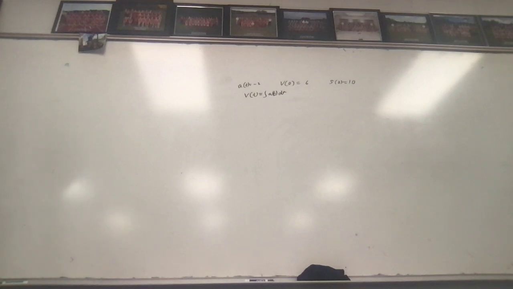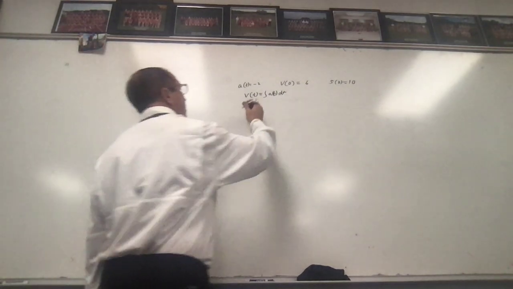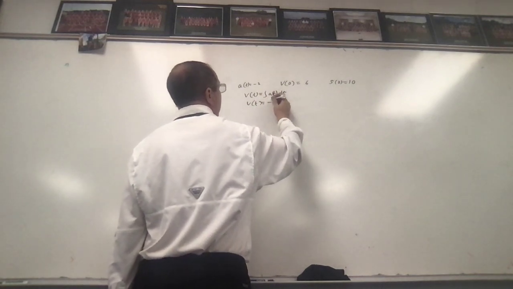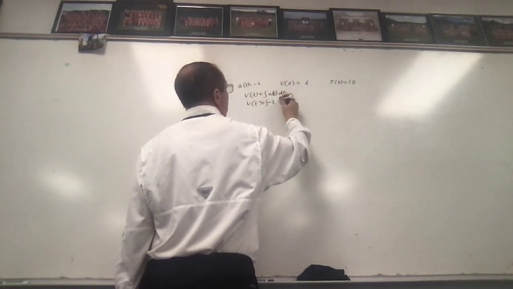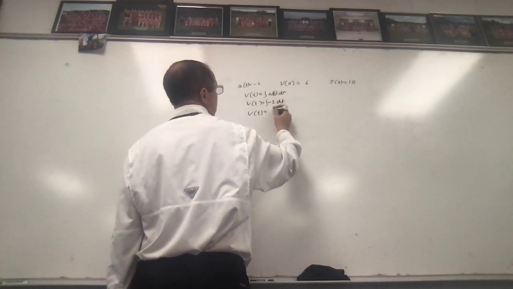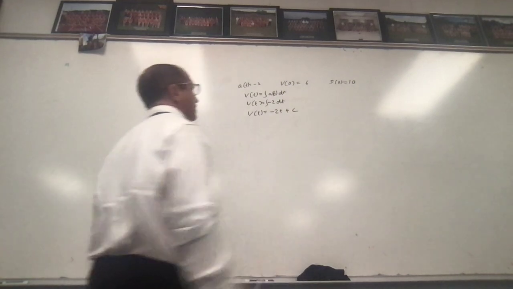So if you start off with acceleration, its antiderivative is V of t. So V of t equals the antiderivative of -2 dt, which would be that V of t is equal to -2t plus some constant.